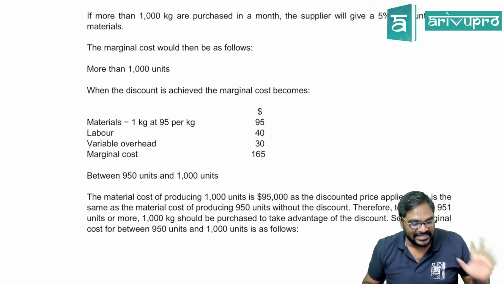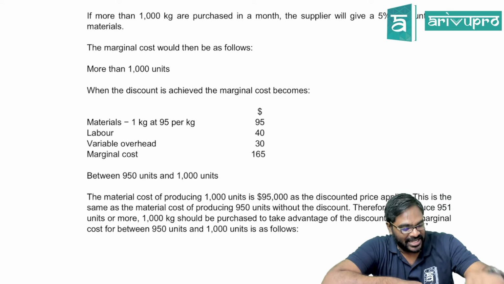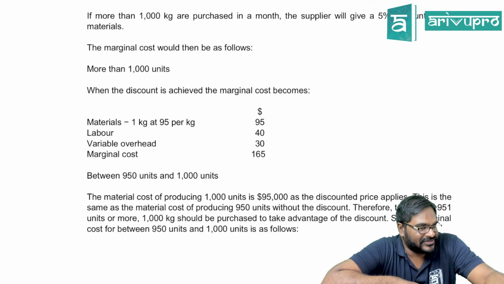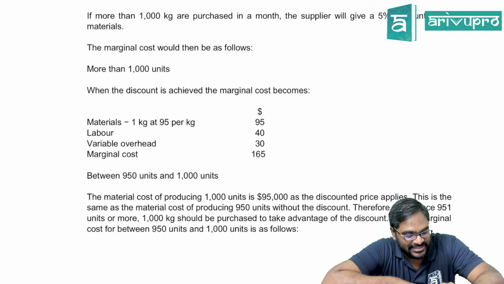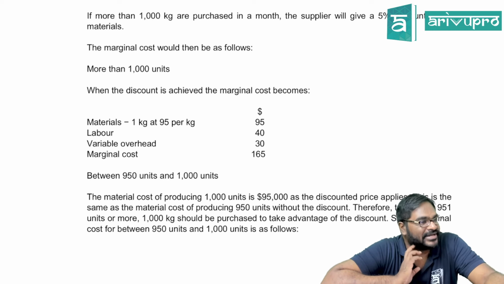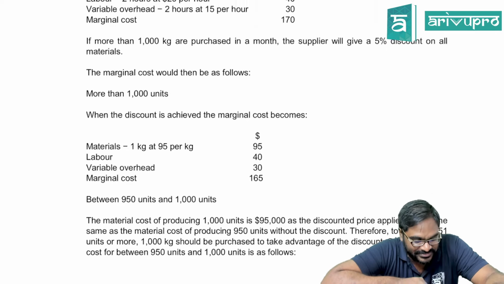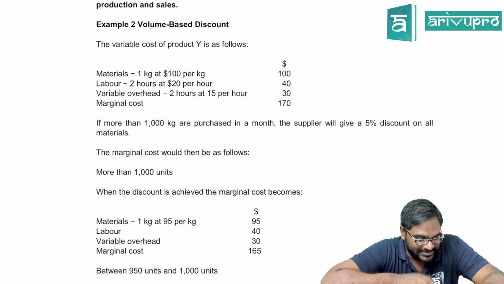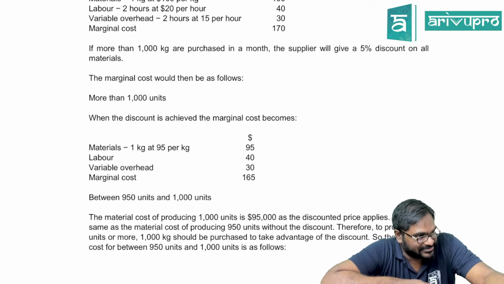Right. The next point is, if we go for 1000, your material cost is 95. At 95, how much would be the units you require? 1000 units, right? Yeah, 1000 units are there.